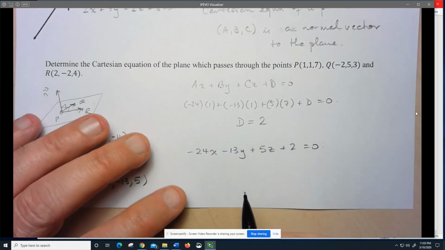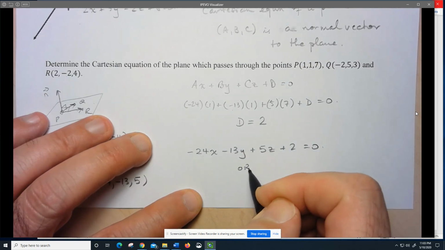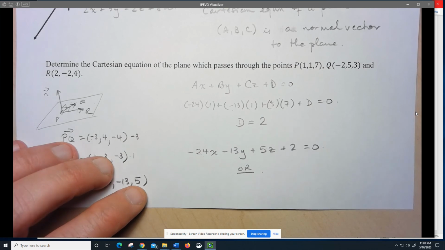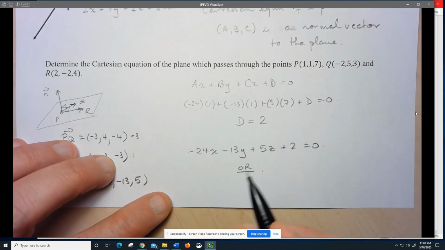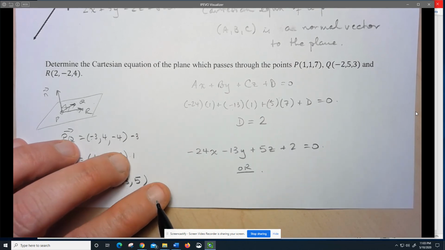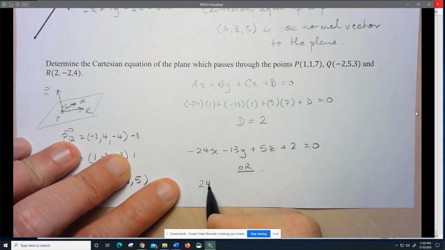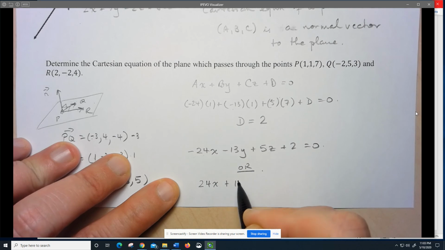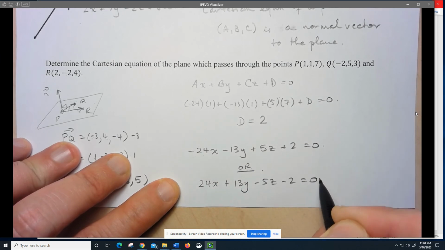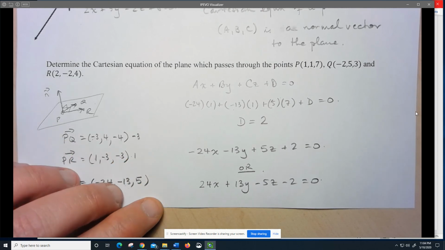Now, the other thing that is not as strict a rule, but sometimes some people like to take this as a convention, is to keep the first term positive. So you could certainly rewrite this as 24x plus 13y minus 5z minus 2 is equal to 0. This one I won't be as strict on.